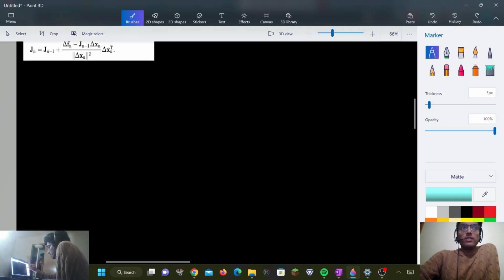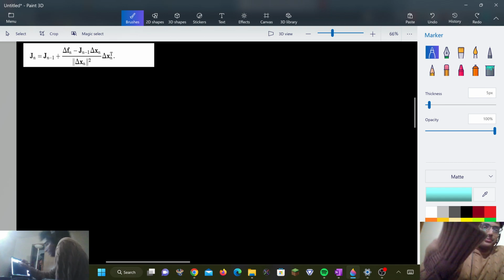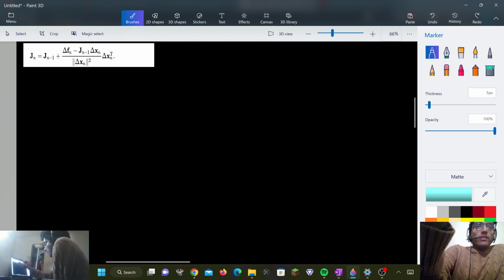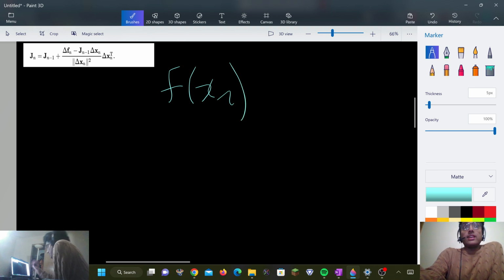So if you can imagine, when we find our zero, you have zero at a point, f of x sub n, and that's going to be zero because at the x that is your zero, your function equals zero.